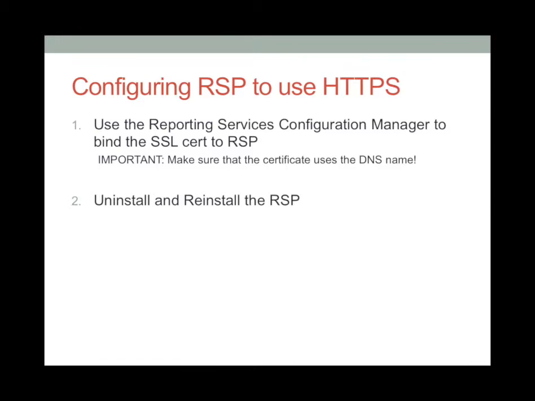Now, remember that I told you about using the DNS name instead of the default name on the certificate. This is the part where it has to be done. Make sure that the certificate uses the DNS name. Then after you configure the reporting server to use SSL, we need to uninstall and reinstall the reporting services point.